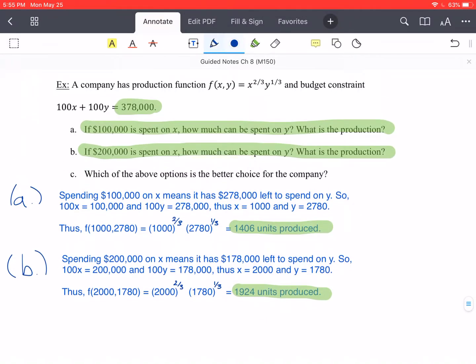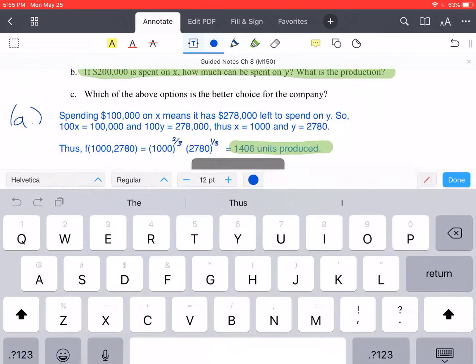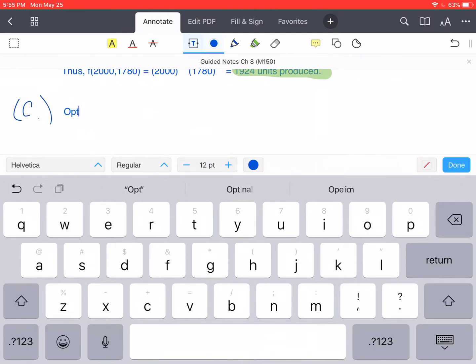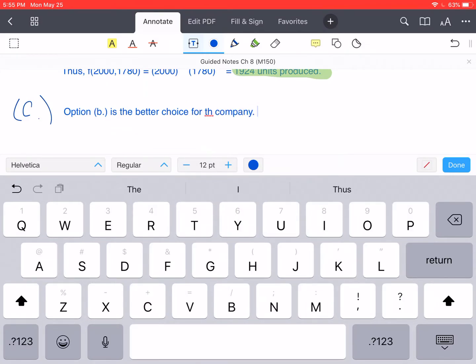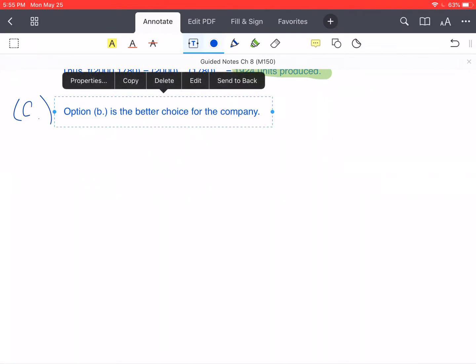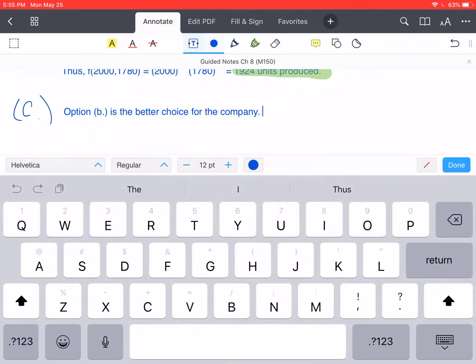Right? So for part C, option B is the better choice for the company. Okay, so that answers the immediate question of which one is the better choice.